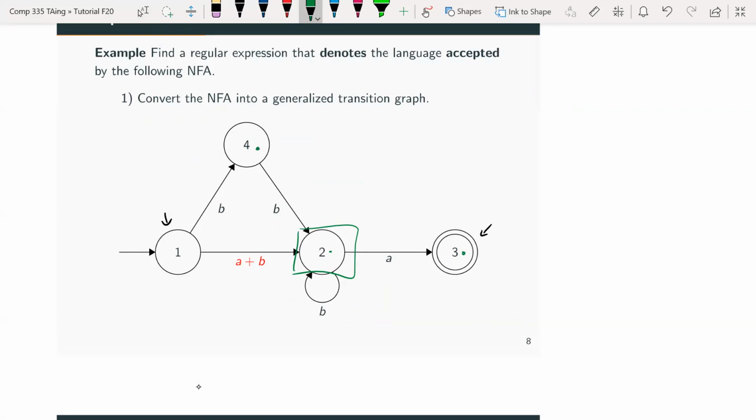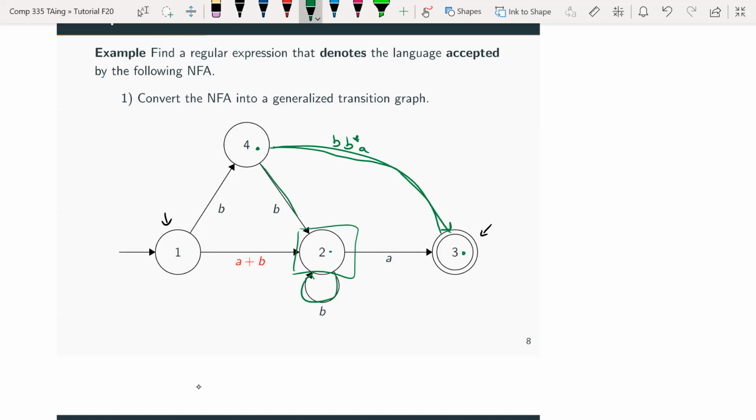To go directly from 4 to 3, you would read a B and then read a bunch of B's here, so with a B star here, and then go from 2 to 3 with an A. So this direct link that I just put is essentially saying if 2 wasn't there, then the transition from 4 to 3 would be B star A.